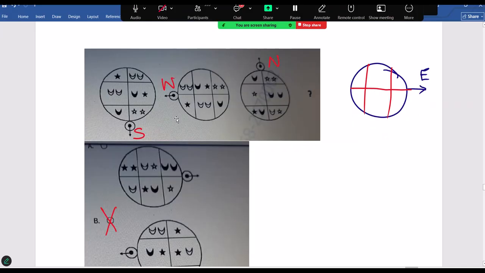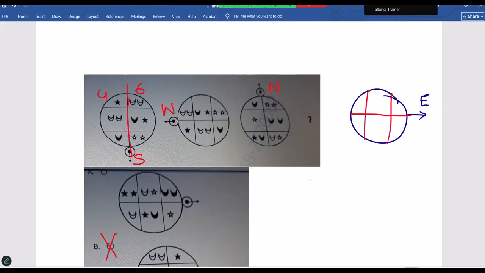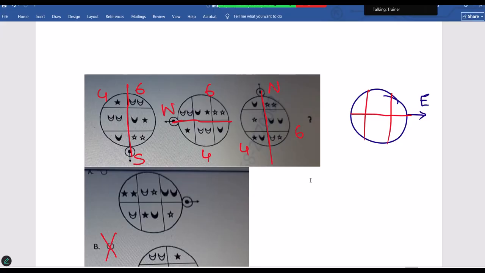Now the symbols. How many here? This side 4, this side 6. In this vertical 4, this 6. Here, this is 4, this is 6. Here 4, here it is 6. We need 4 and 6. Now if not, then this should be 4.